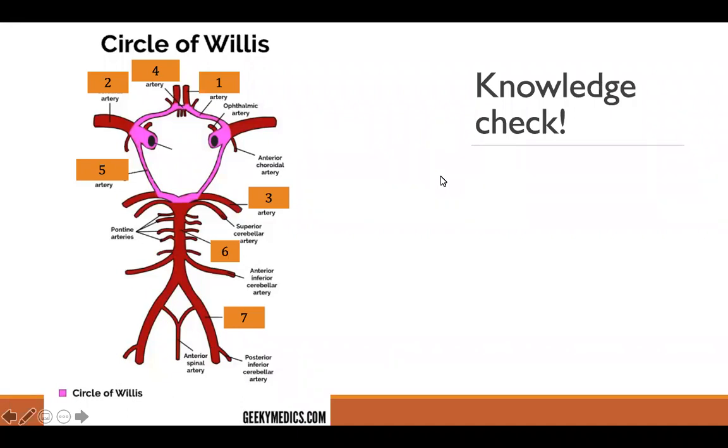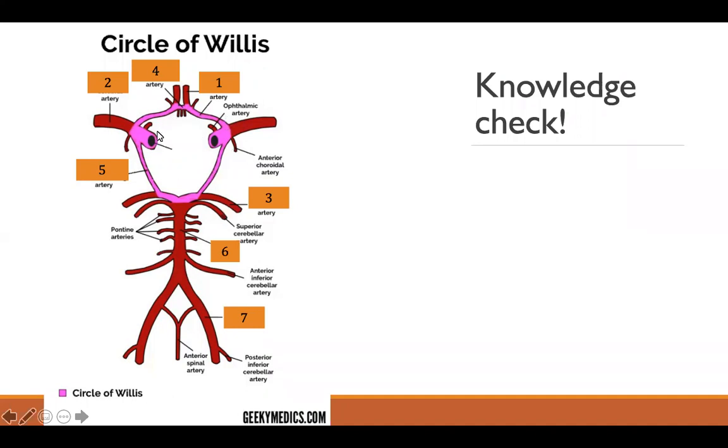Brilliant, we've got a few answers. 1 is anterior cerebral artery, perfect. 2 is internal carotid, someone says, and 3 is posterior cerebral artery, and another says middle cerebral artery for 3. First of all, this is the circle of Willis.